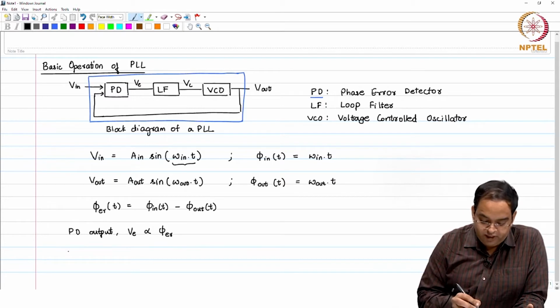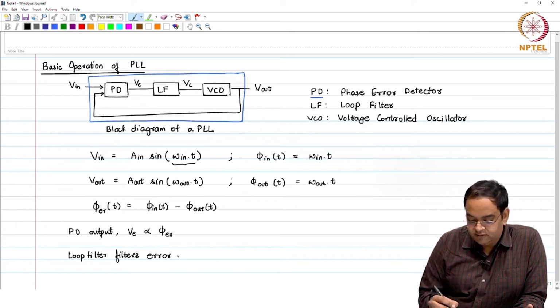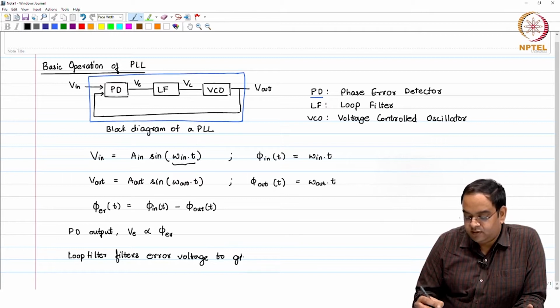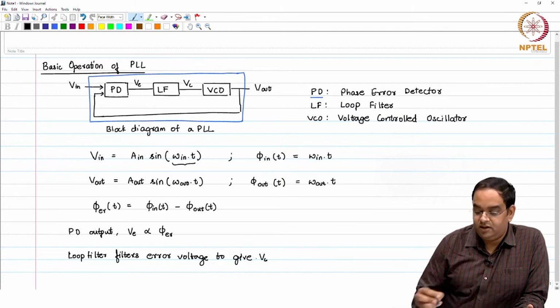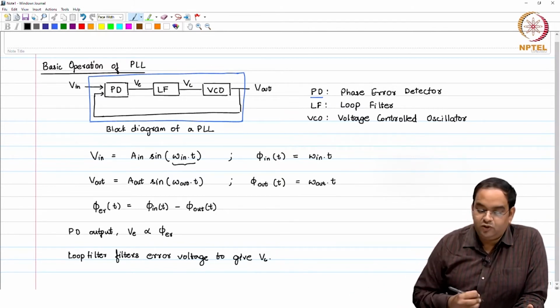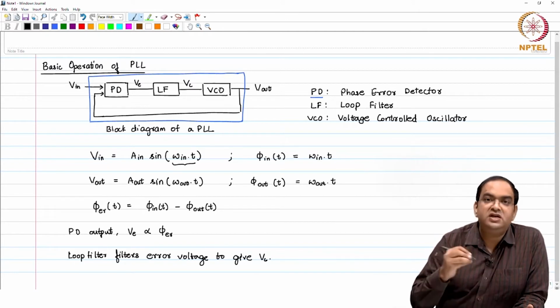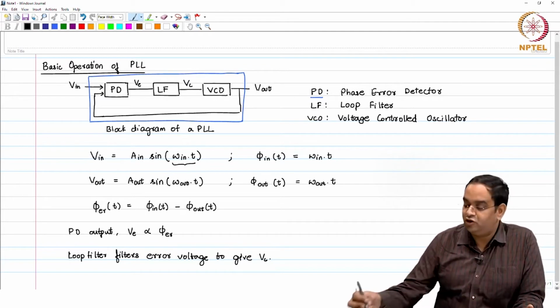So, the loop filter filters the error voltage to give V c. This control voltage is used to control the frequency of the voltage controlled oscillator.